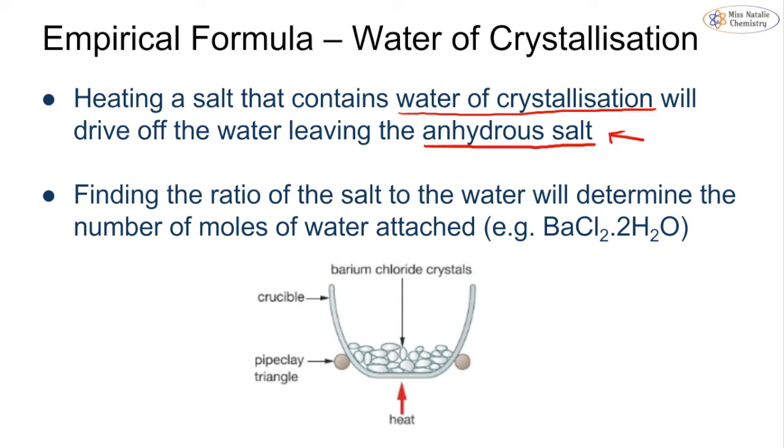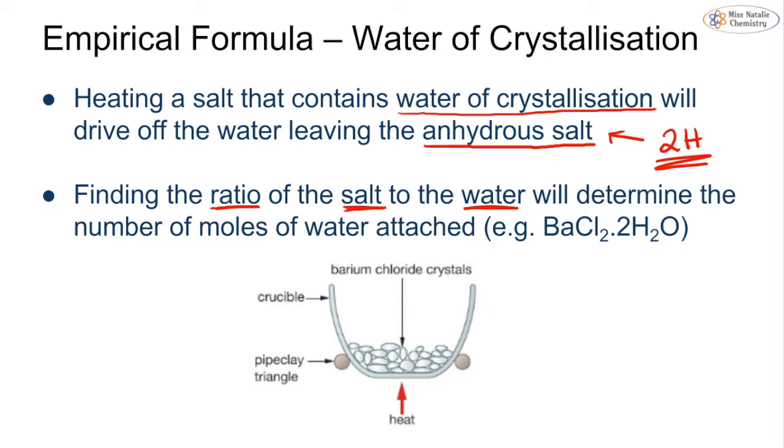And this is actually something you will touch on again in topic 2H, chemical tests, when you're looking at the test for water. Once we've driven off the water, what we can do is we can find the ratio of how much salt was left over at the end to how much water was removed. Very similar to the way that we have the oxygen.